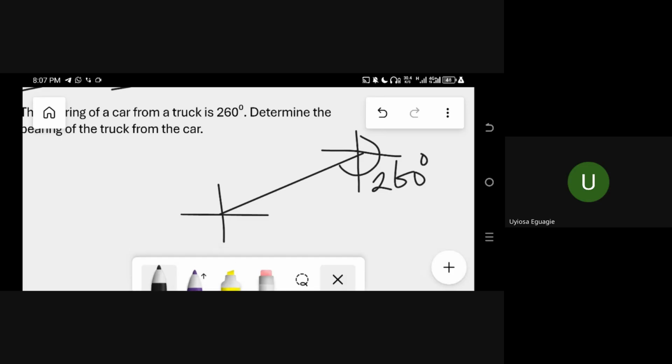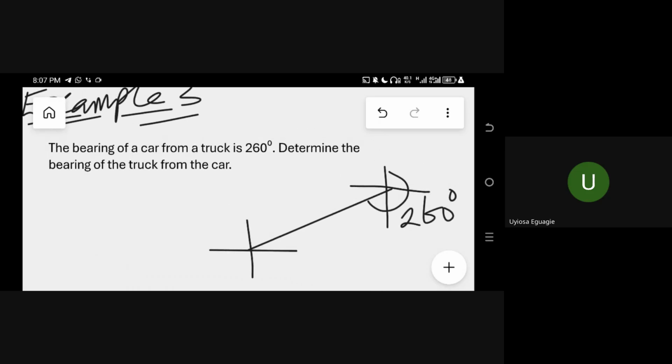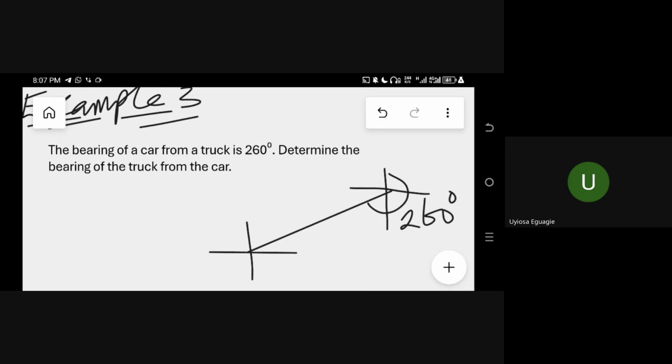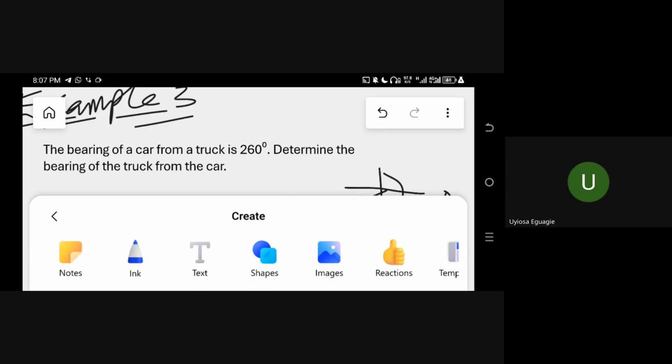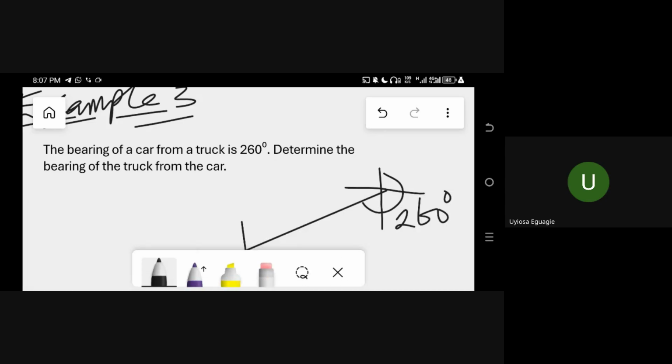Then the second most important thing to do is to identify which one is the car and which one is the truck. Do not forget. I'll go back to the question and underline "from a truck is 260 degrees."